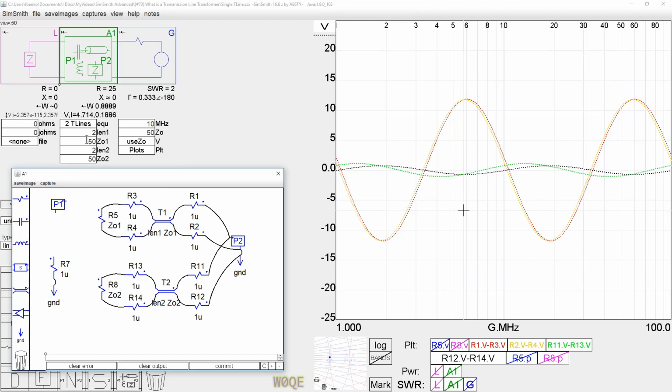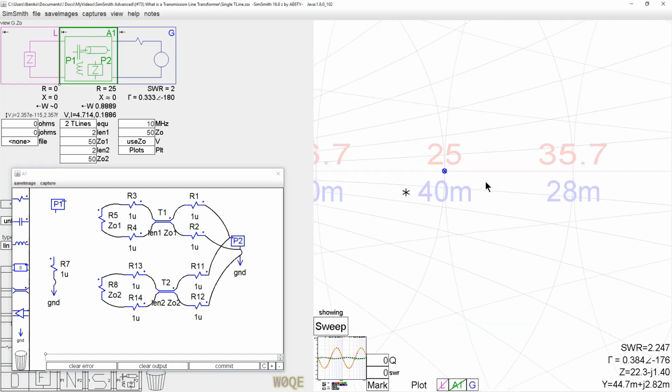So this is a 50 ohm piece of transmission line, this is a 50 ohm load, this is a 50 ohm transmission line, this is a 50 ohm load. We'd expect to see 25 ohms back here. So let's see if that's correct.